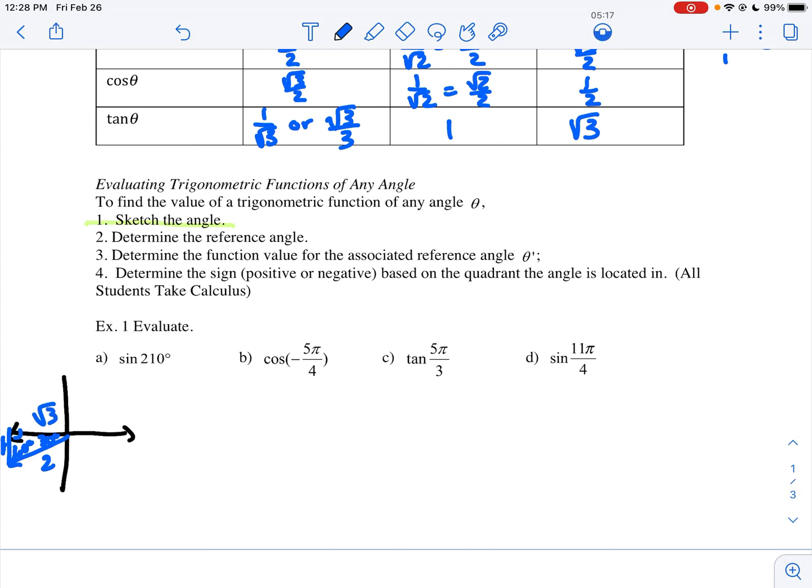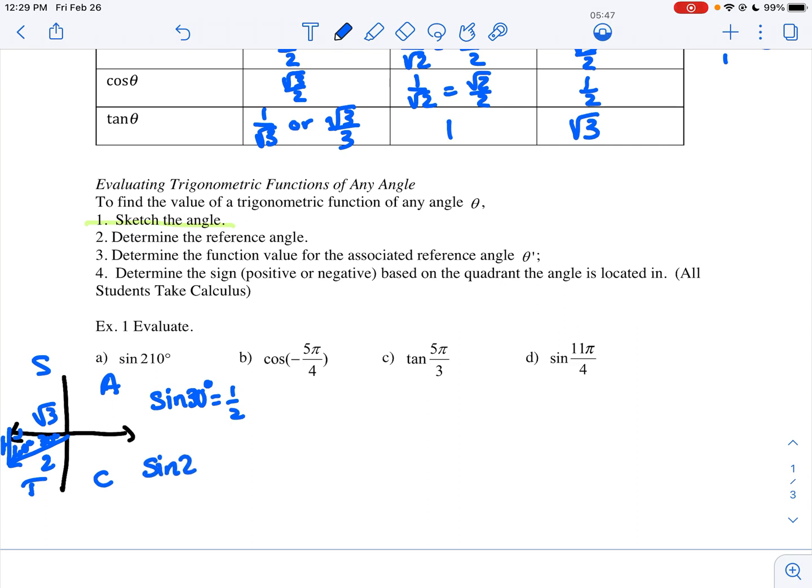So I determine the reference angle, and then you're going to do the trig function for the associated reference angle, and then do All Students Take Calculus. So the sine of 30 is 1/2, but the sine of 210, because it's in the third quadrant, sine and cosine are negative down here, and tangent is the only one positive.